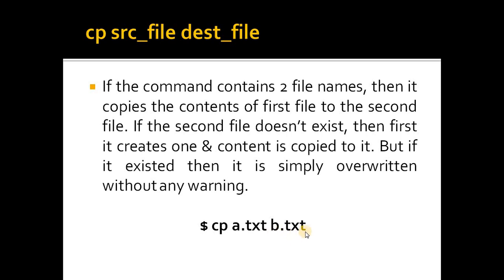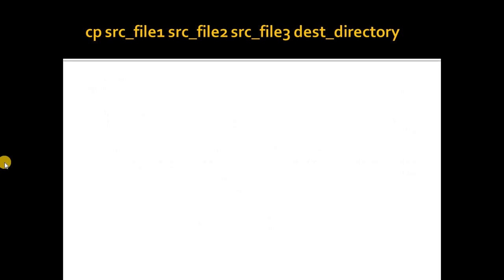But if b.txt exists and already has some data in it, then the cp command will overwrite the contents of b.txt. That means the previous data will get deleted, and that too without any warning. So this is the first type of cp command.